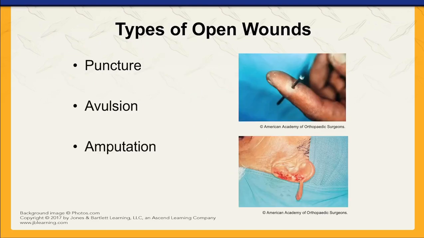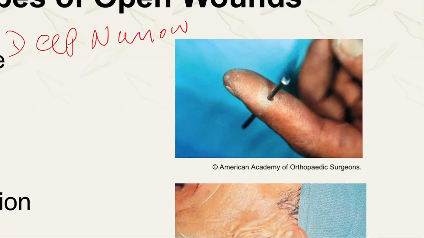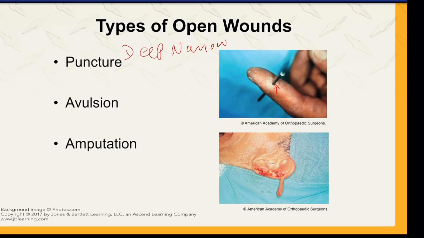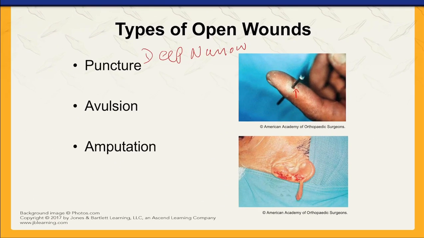Moving on, another type of open wound that one could have is a puncture wound. Puncture wounds tend to be deep and narrow. There may be bleeding or there may not be bleeding present. If you look over here carefully, there's maybe a small drop of blood present. But aside from that, there's not much, and probably on the other side, there might be another drop of blood.